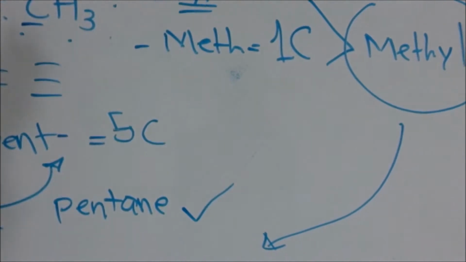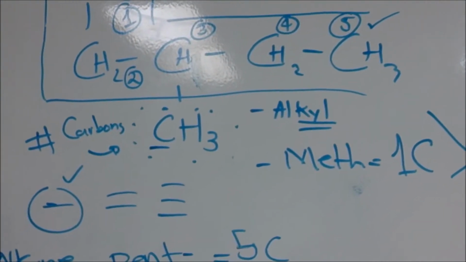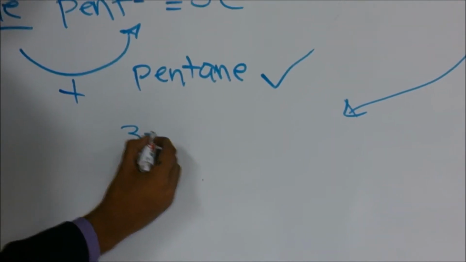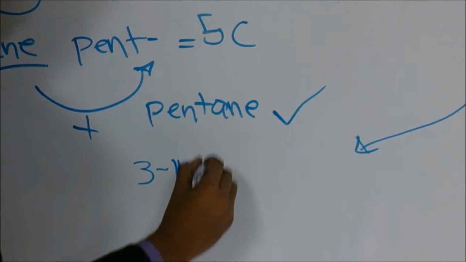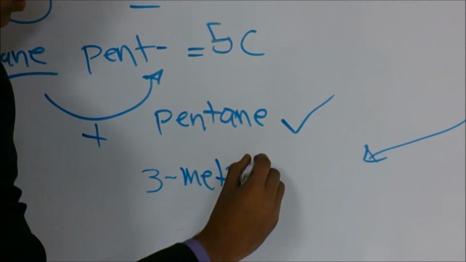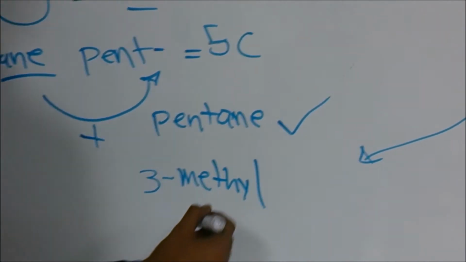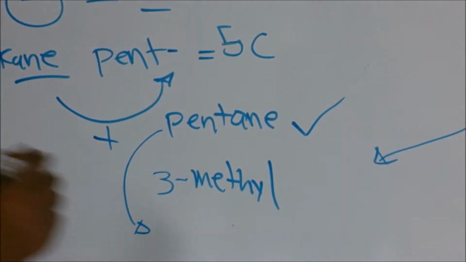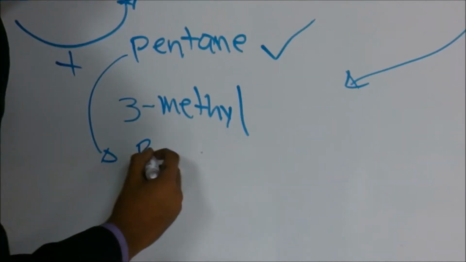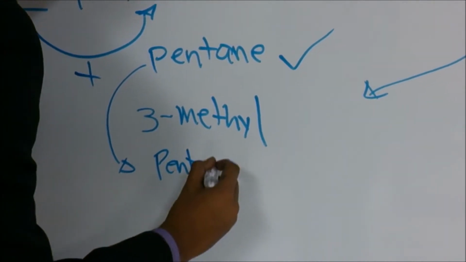The alkyl group is at carbon number 3. So we have 3-methyl and then we add the name of the primary chain.